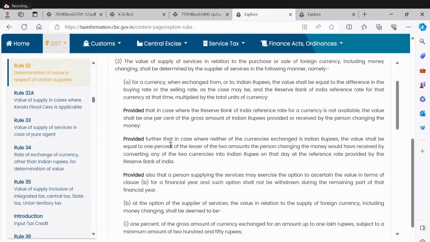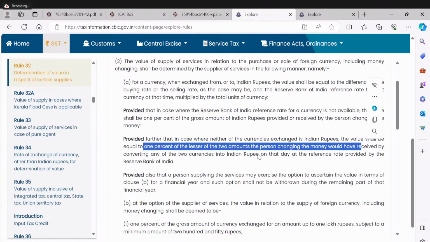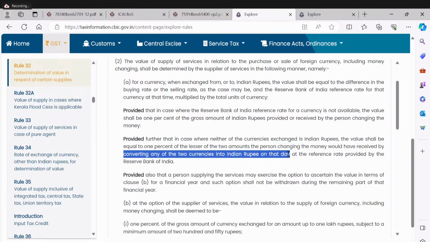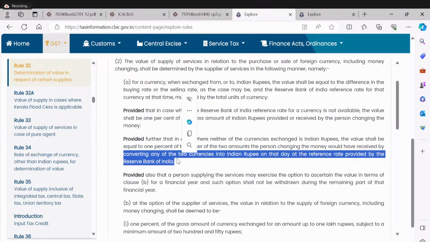From dollars, we get the currency converted into pounds, and therefore none of the currencies was Indian rupees. Then how will we determine the value? The value will be 1% of the lesser of the two amounts the person changing the money would have received by converting any of the two currencies into Indian rupees on that day at the reference rate provided by RBI.